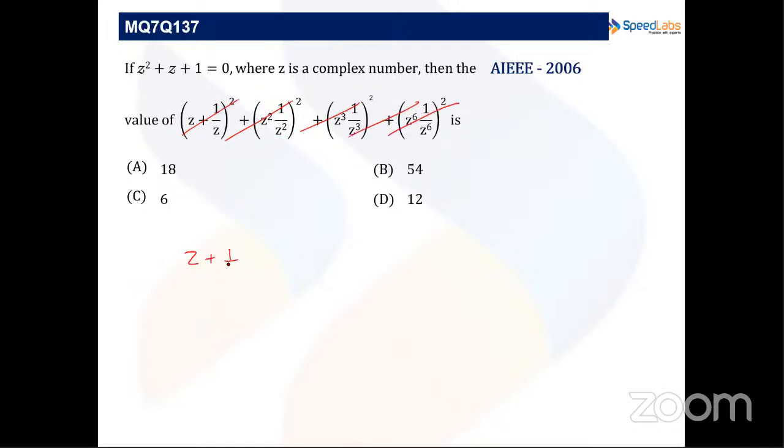This is z plus 1 by z whole square plus z square plus 1 by z square whole square plus z cube plus 1 upon z cube whole square plus up to z to the power 6 plus 1 upon z to the power 6 whole square. Okay. Try it. It is a very simple question. Okay, 30 seconds time.